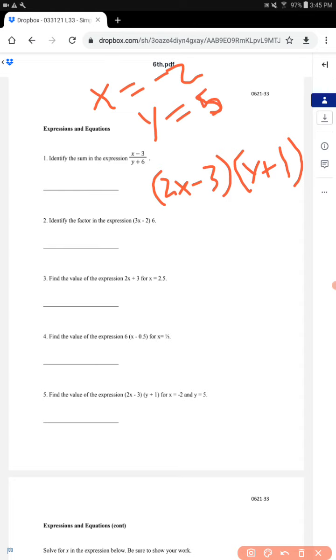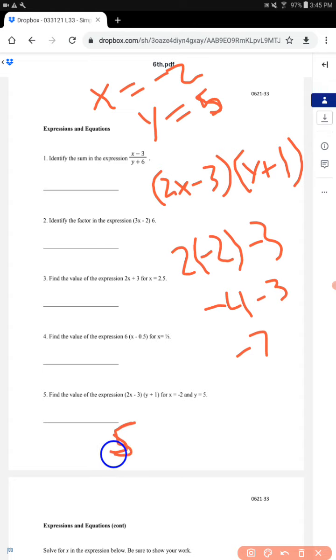So all we have to do is substitute. So 2 times -2, and then x is -2, minus 3. And that's -4 minus 3. And that is -7. And y is 5. So 5 plus 1 equals 6.